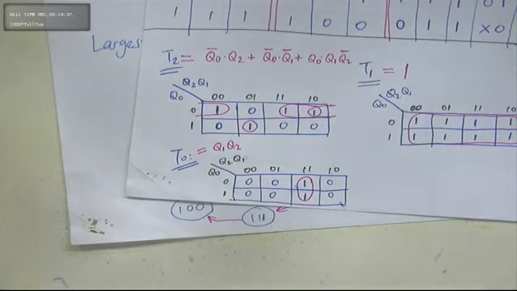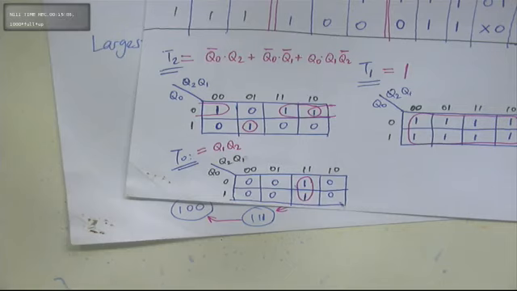So you've got to look out for how many variable Karnaugh map you will need. And remember, Karnaugh maps are powers of 2, right? 2 by 2 Karnaugh map, 4 by 4 Karnaugh map. If it's 2 variables, 2 to the power of 2 is 4, right? Okay. 2 variable, you'll need 2 by 2 Karnaugh map.